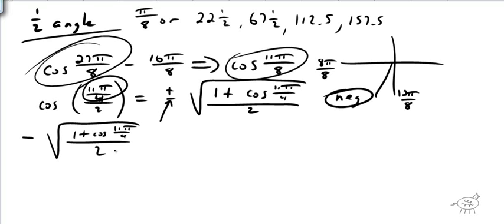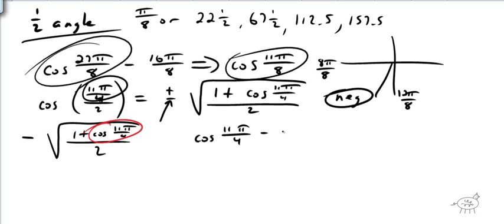Now we have to do this part. I know it's not necessarily tricky, but kids seem to get this wrong: the cosine of 11 pi over 4. This is from chapter 3. You should not get this wrong. Cosine 11 pi over 4. Well, first of all, as I did with the 27 pi over 8, I can do coterminal because it's bigger than 2 pi.